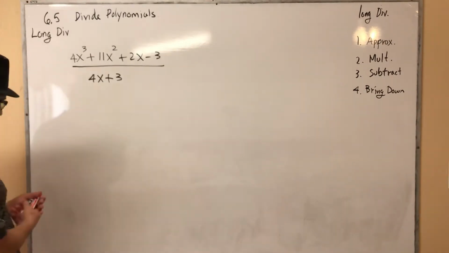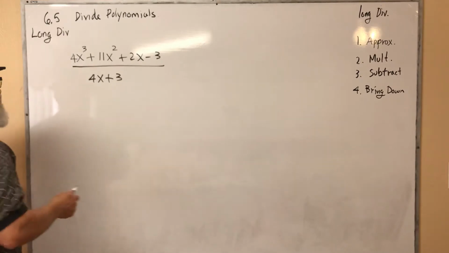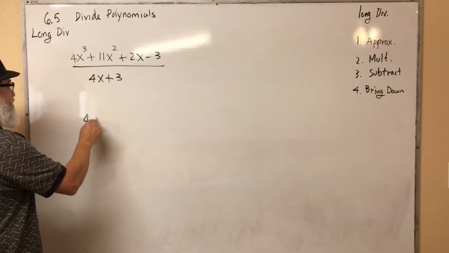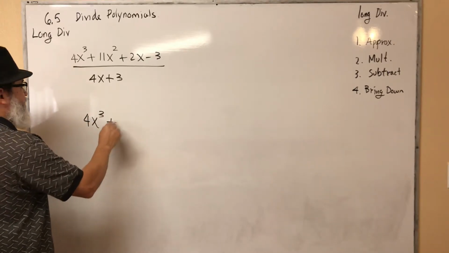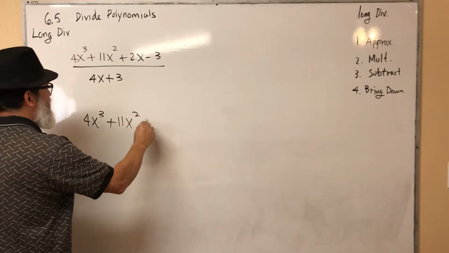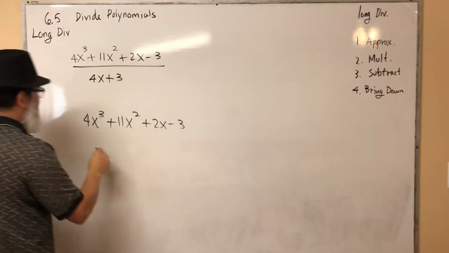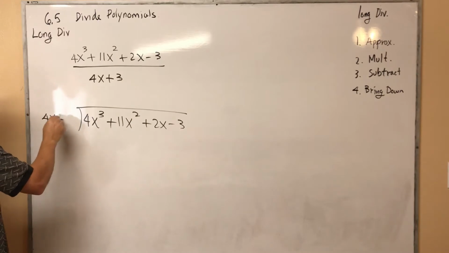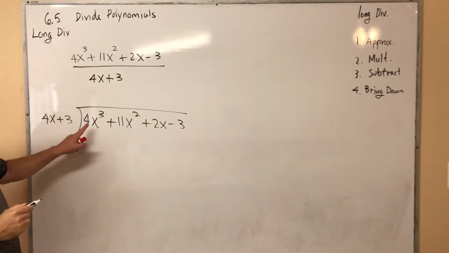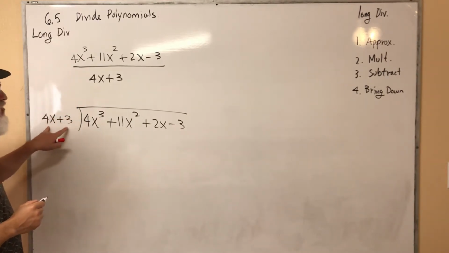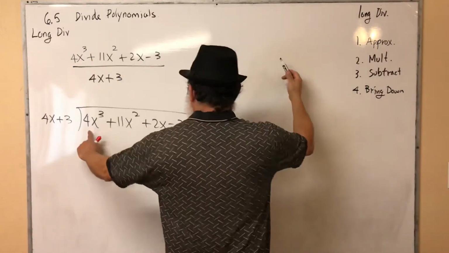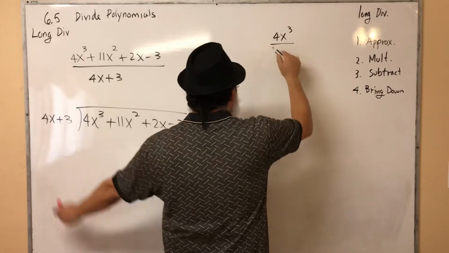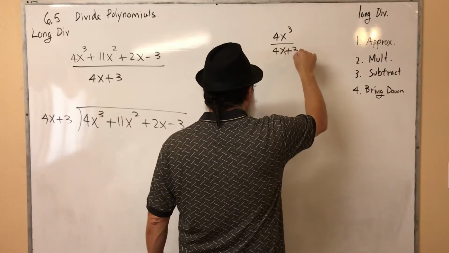Might as well do it. So here, let's take 4x cubed plus 11x squared plus 2x minus 3 divided by 4x plus 3. Take the first term, 4x cubed, divided by 4x plus 3.